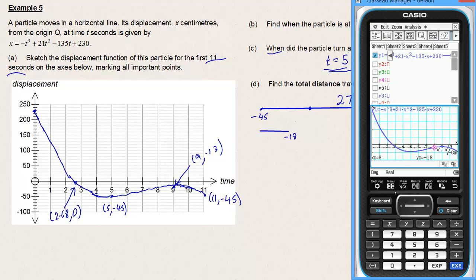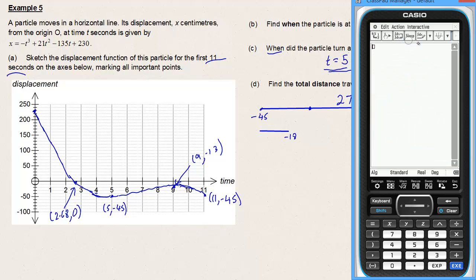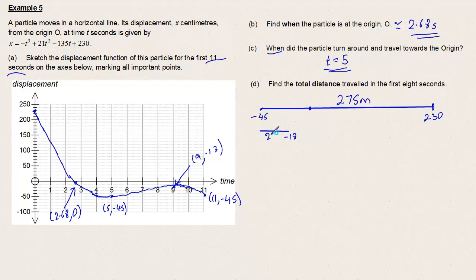So what we need is 45 take away 18. It's 27. So this is 27. So it's travelled back here and then forward a bit. So that's 275 add 27, which is 302 meters.